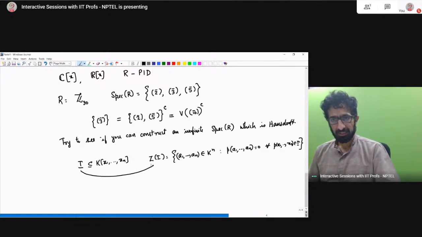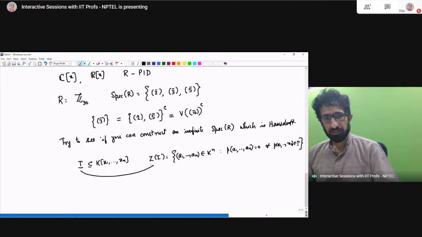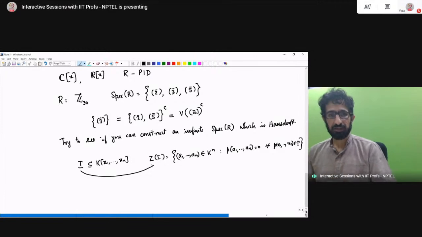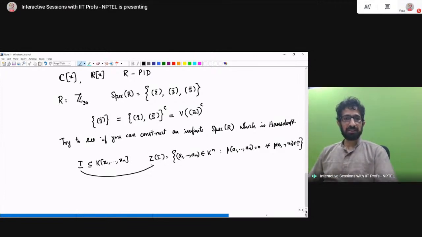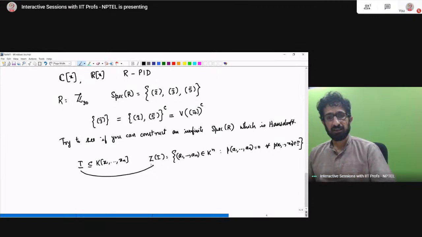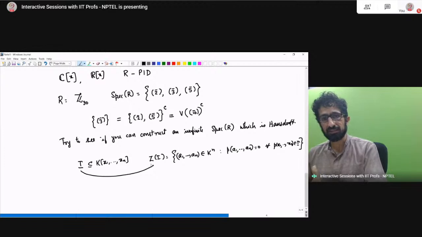So this is another way to look at Spec: look at prime ideals containing I, and look at how that branches out in Z(I).